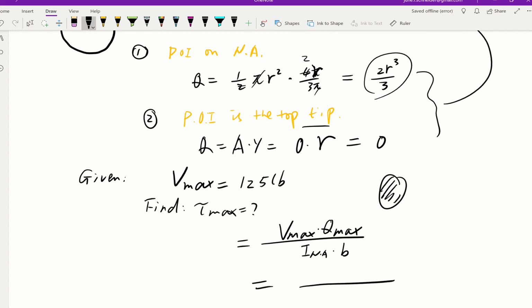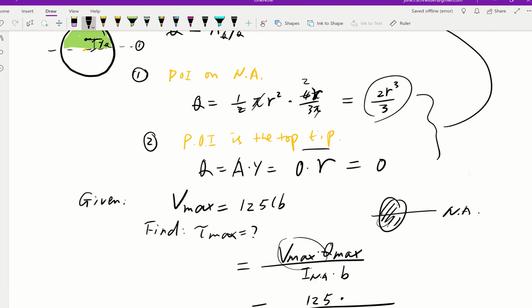No matter where your point of interest is, your V max stays the same, because V max is a location on the beam, for example x equal to 3 meters, that's where you get maximum shear. But here Q is when you cut at this maximum place and look at the cross-section. This Q max reaches the highest value at the neutral axis.